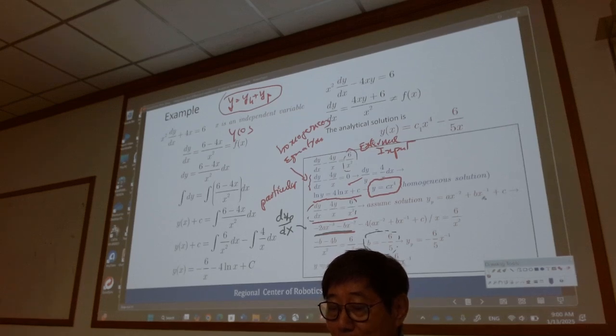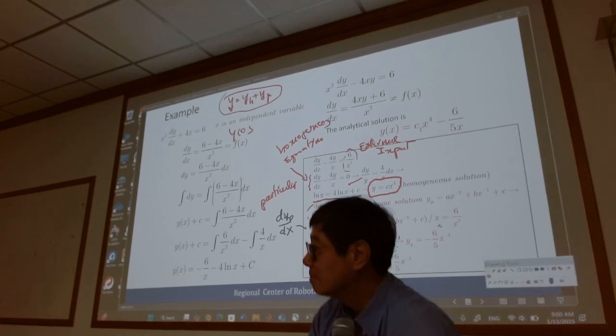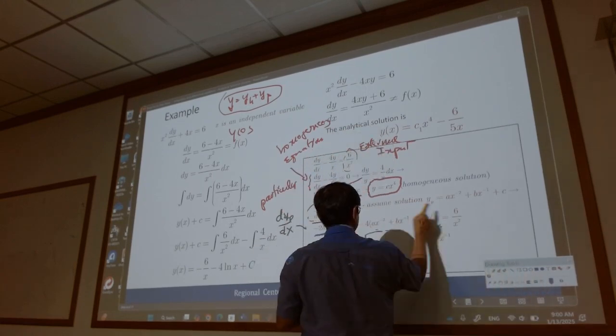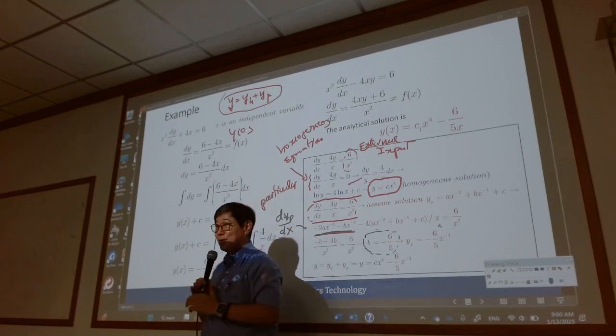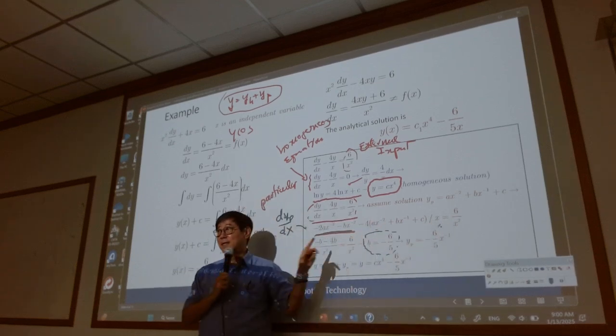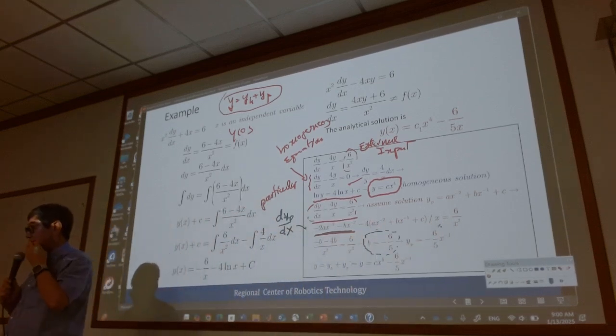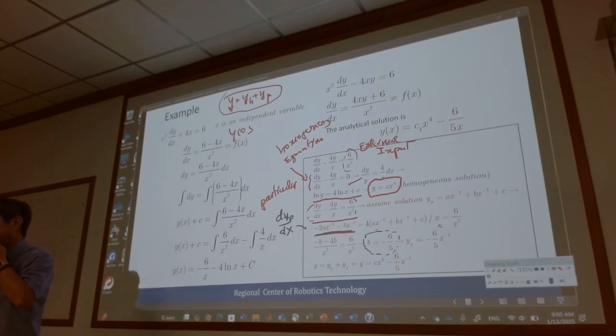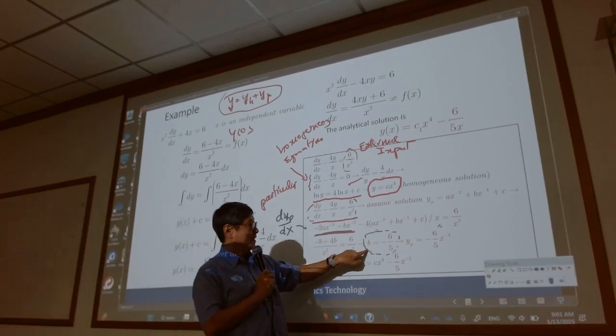A has to be 0 and C has to be 0. You try to evaluate by comparing the coefficients of both sides. A and C have to be 0, and B should be equal to this one.